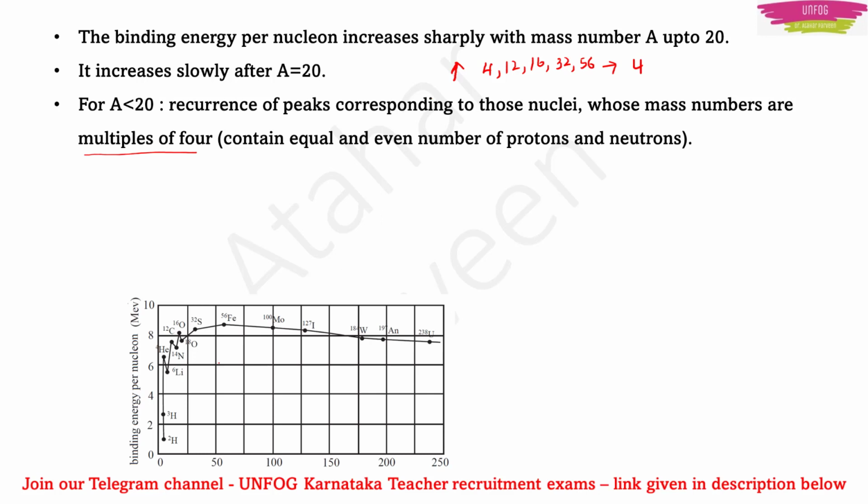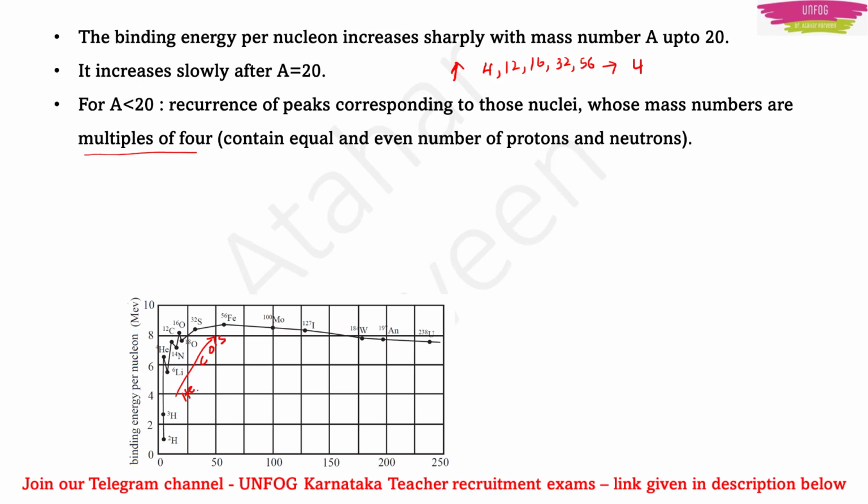You can see here in the graph if you want. I will not overwrite because you cannot read it properly again. That's why I am not overwriting, or else I will show here like this. You can see which elements it is increasing for. It is increasing for helium, for carbon, for oxygen, for sulfur, correct?